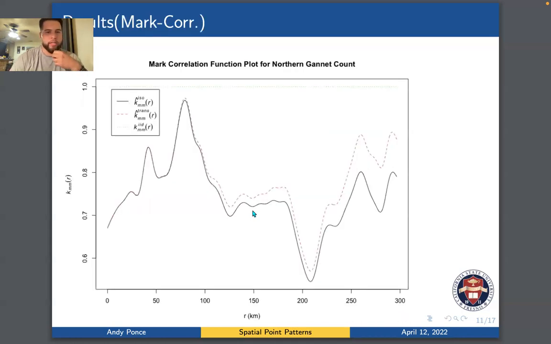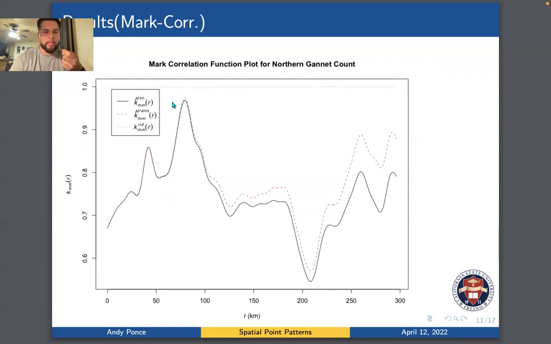So you'll see here that we have a mark correlation function plot, and this is for that first process that we generated, the one with just one mark as the northern gannet counts. And so the mark correlation is telling us how correlated two marks are depending on the distance between the points.